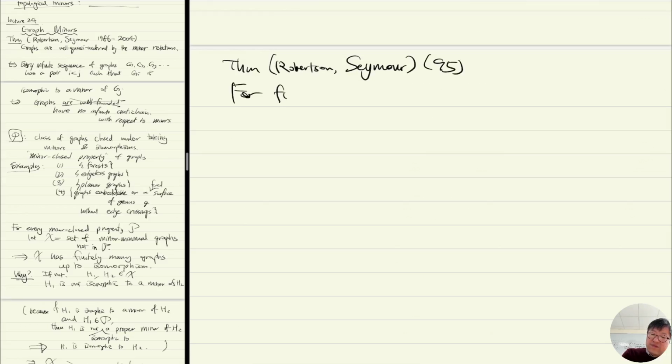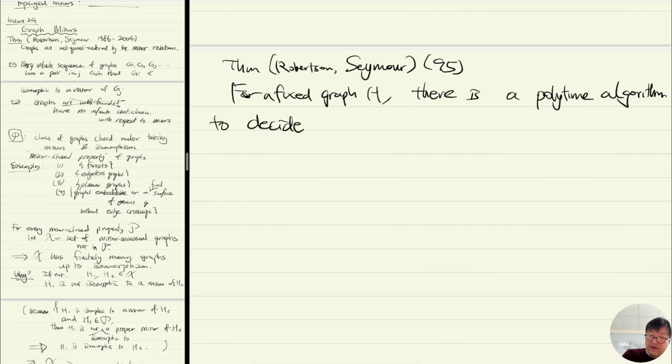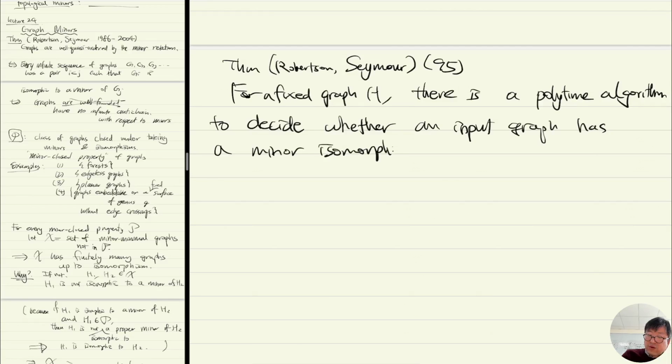For a fixed graph H, there is a polynomial time algorithm to decide whether an input graph has a minor isomorphic to H. So for any graph H, let's say I fix K5, they have an algorithm that runs in polynomial time.